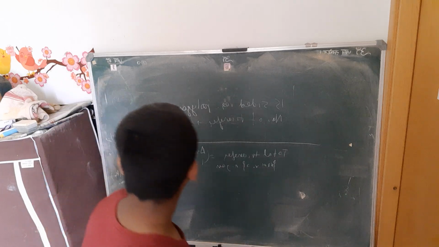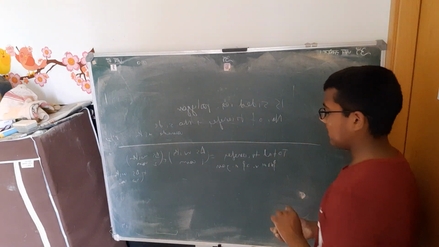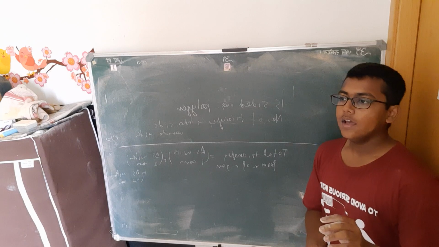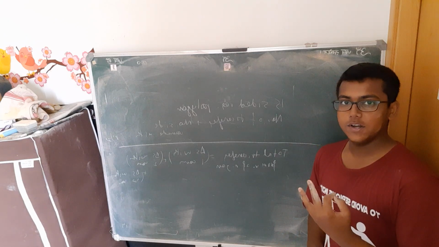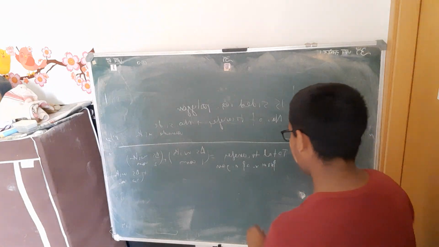Now, total triangles you can make from the vertices are basically, it's asking you for selecting 3 random vertices out of n, which is nC3.